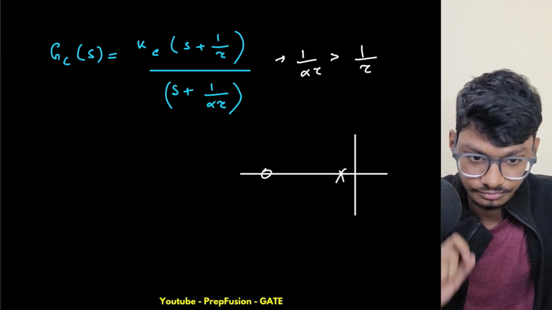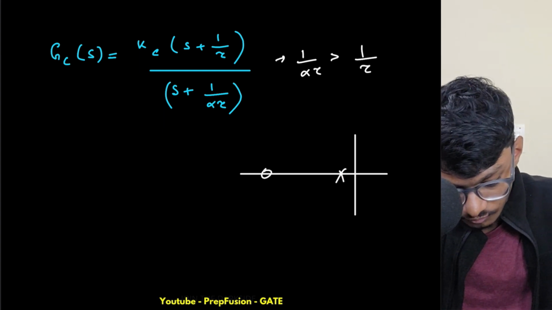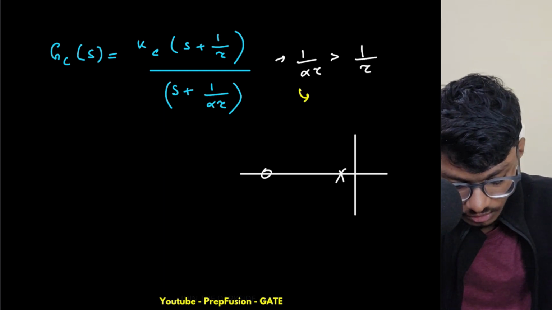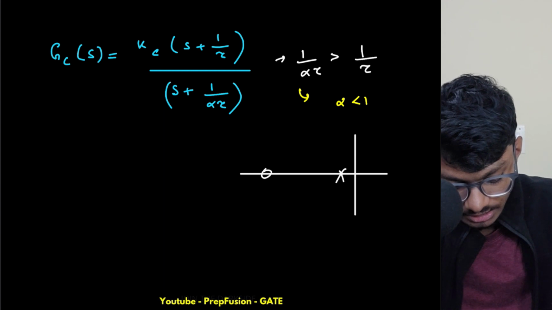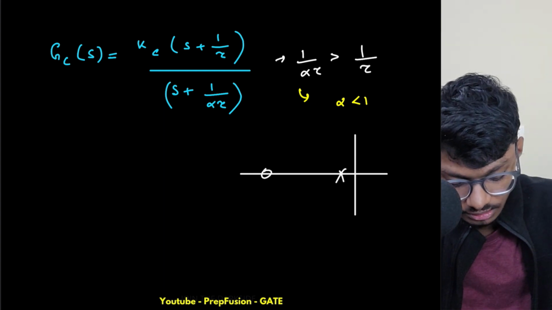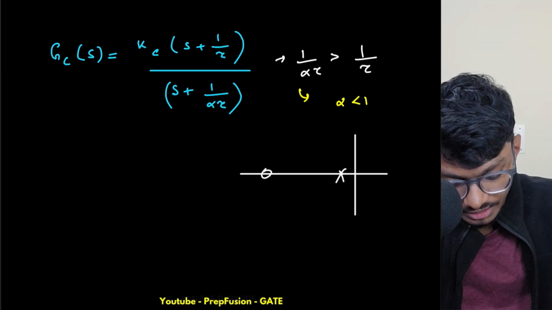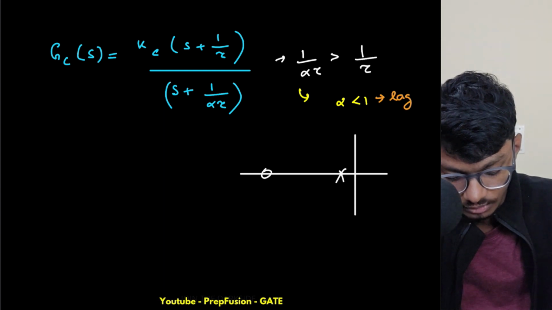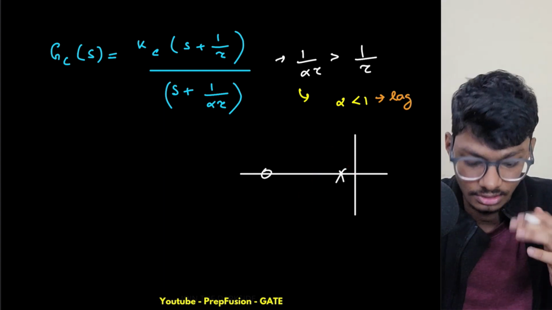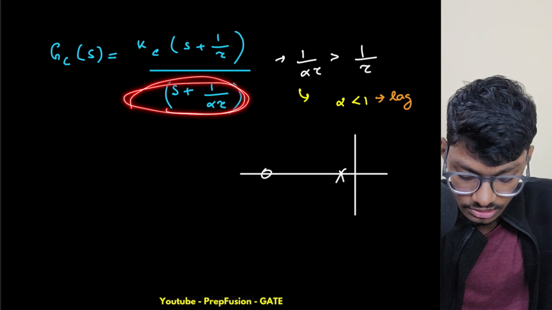What do we get? I will derive it here. It becomes alpha less than 1. That means if alpha is less than 1, then we'll get lag compensation. If the pole is nearer, we'll get lag compensation, because this is nearer, so it will contribute more angle.